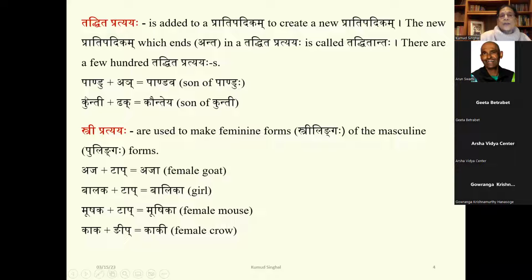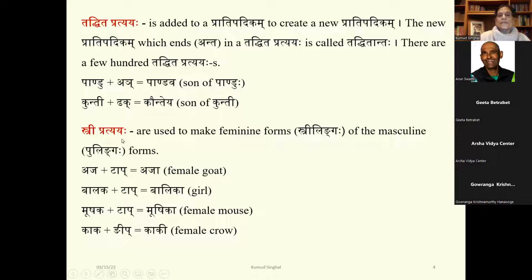Now if you take a pratipadikam Kunti and you add a tadhita dhak, then the resulting pratipadikam would be Kaunteya, son of Kunti. Again, Kaunteya is an a-ending masculine pratipadikam, and it will decline like an a-ending masculine pratipadikam.